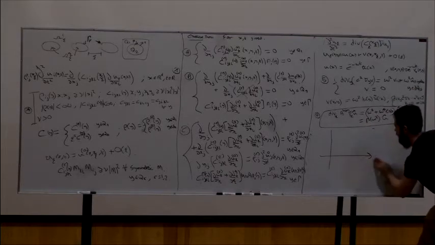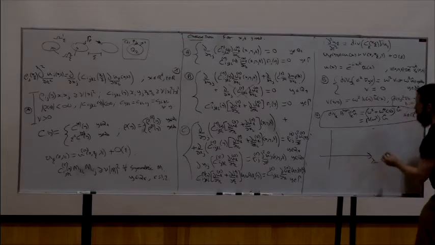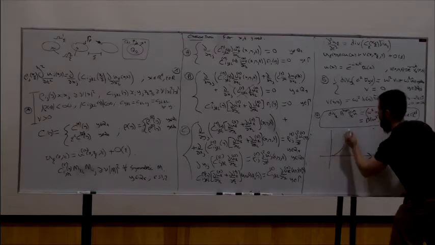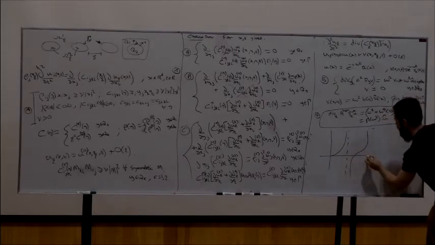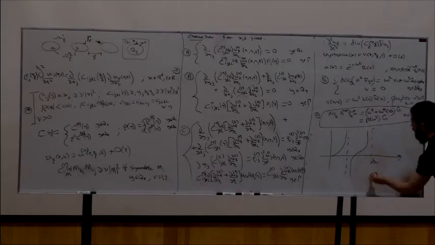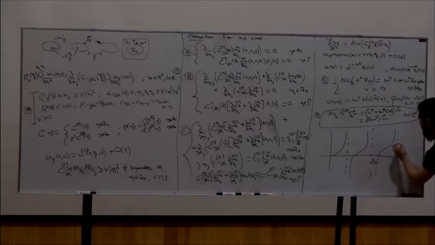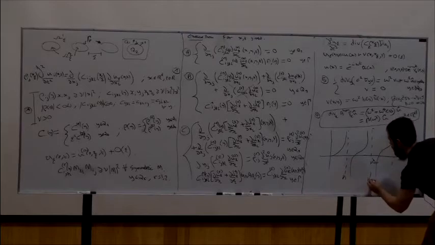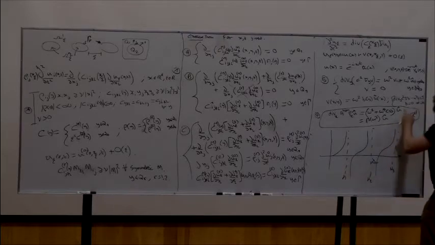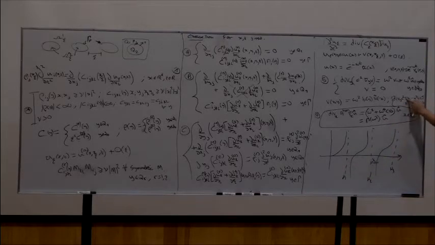If I put lambda here, it has some kind of structure, and where these asymptotes are certain eigenvalues of this divergence equation on the inclusion with the Dirichlet boundary condition.